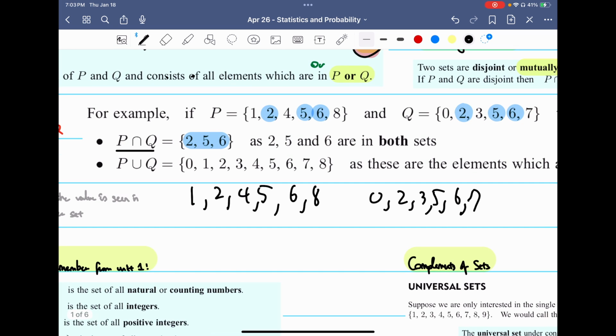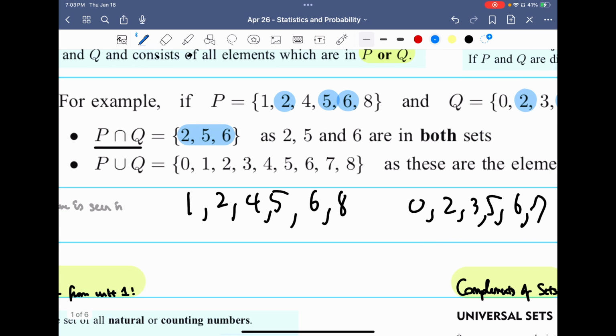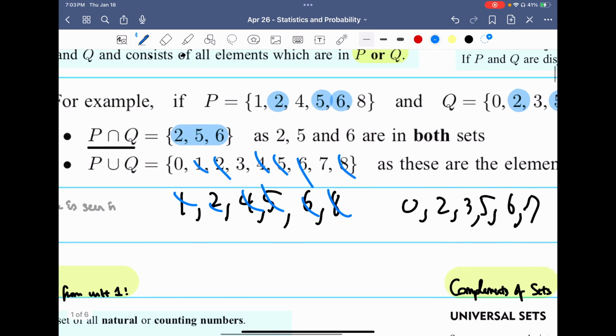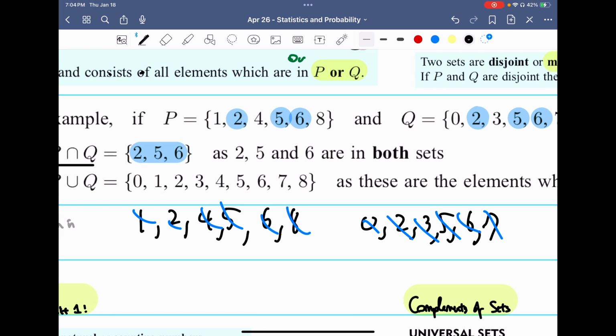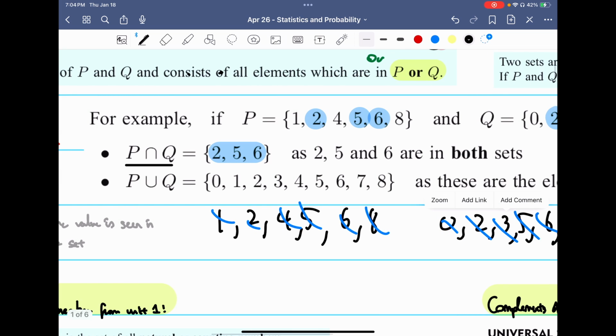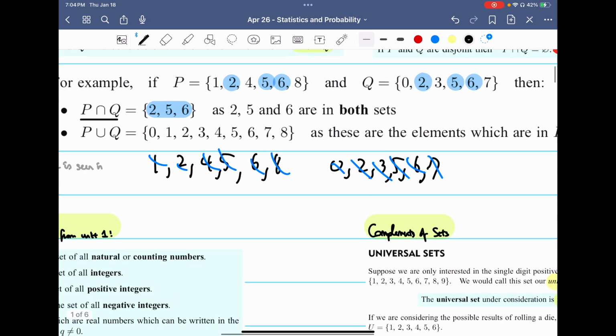All the numbers combined to create a set that consists of all these numbers together would be P union Q. So as you can see, the numbers 1, 2, 4, 5, 6, and 8 are in here, and 0, 2 is already in there, and 3, 5 is also already in there, 6 is already in there, and 7. A set that consists of all the elements of the two sets is the union of the two sets, as these are the elements which are in P or Q.